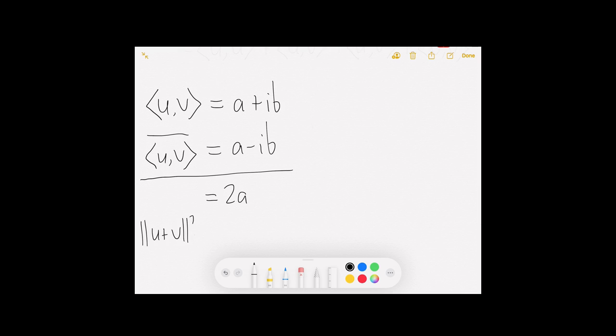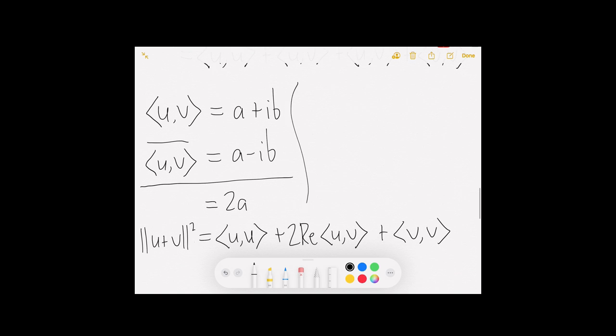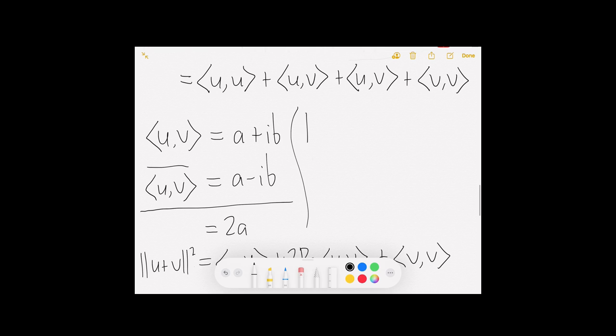we have that the norm squared is going to be equal to the inner product of u and u, plus 2 times the real part of the inner product of u with v, plus the inner product of v with itself. Taking this one step further, the modulus of the inner product of u with v is just the modulus of a plus ib, which is the square root of a squared plus b squared.